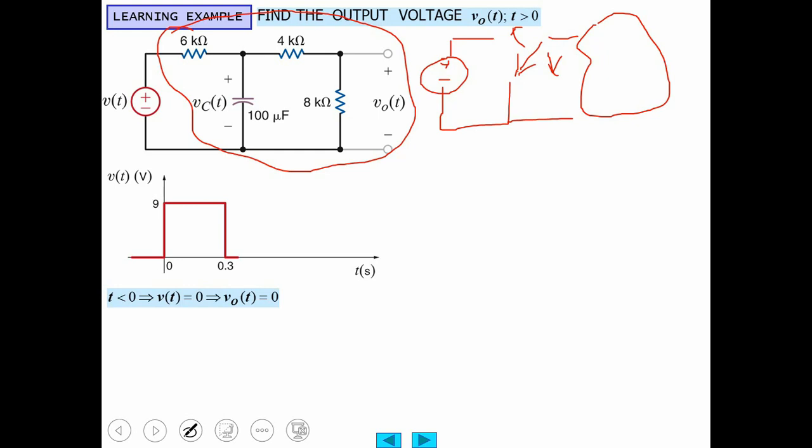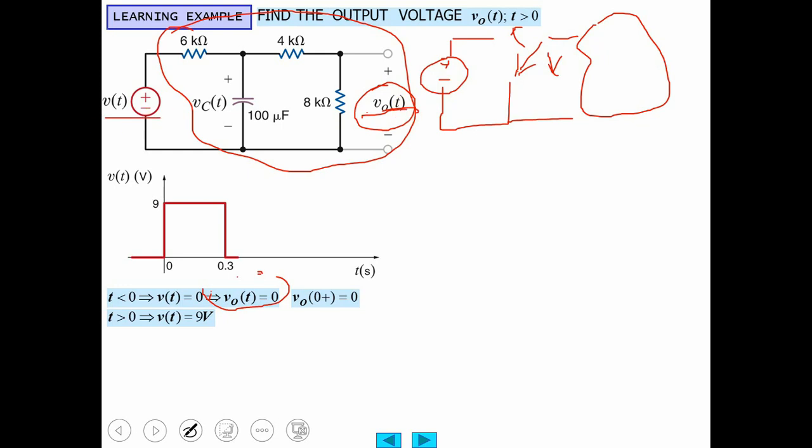So when time is less than 0 in steady state, the voltage output has to equal 0. When time is greater than 0, the instant time is just an instant above 0, the voltage out still has to equal 0.